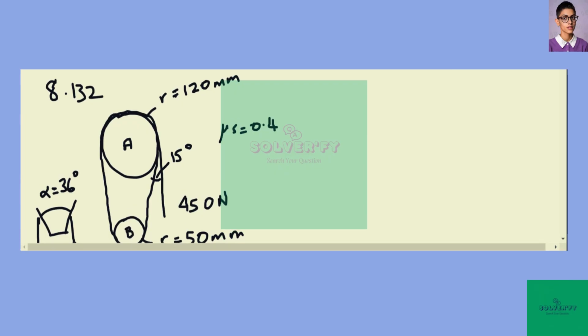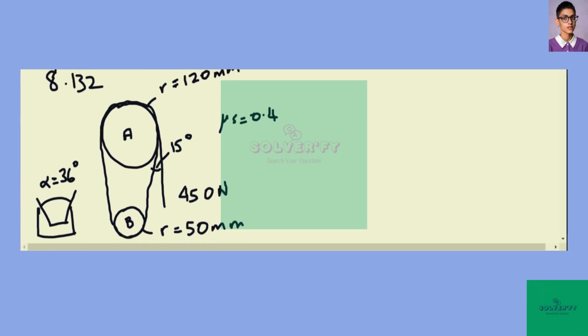So in question 8.132, we're given two belts, A and B. We're given the angle here as 15 degrees. The radius of belt A to be 120 millimeters or 0.12 meters. The radius of belt B to be 50 millimeters or 0.05 meters.